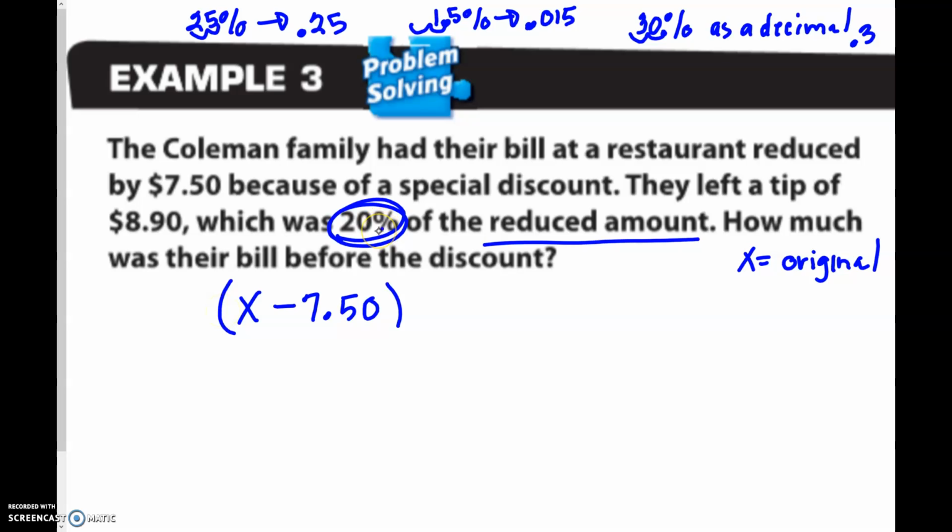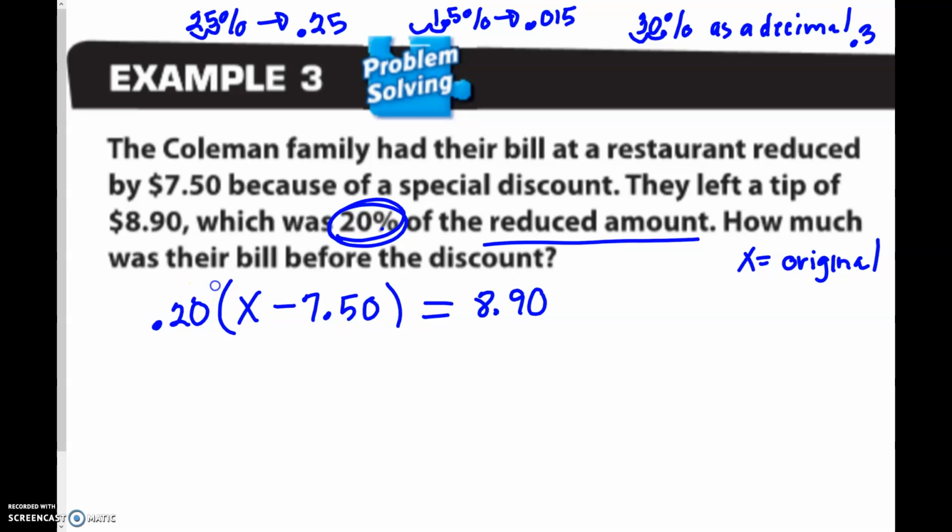Now remember, 20% as a decimal is 0.20. So we're going to take 20% of whatever that cost is, and they're telling us that that equaled $8.90.